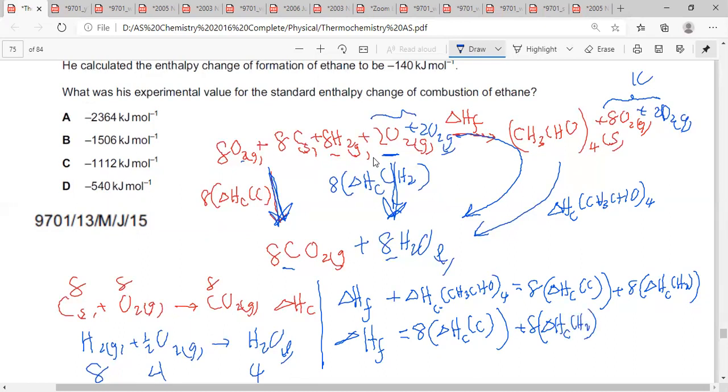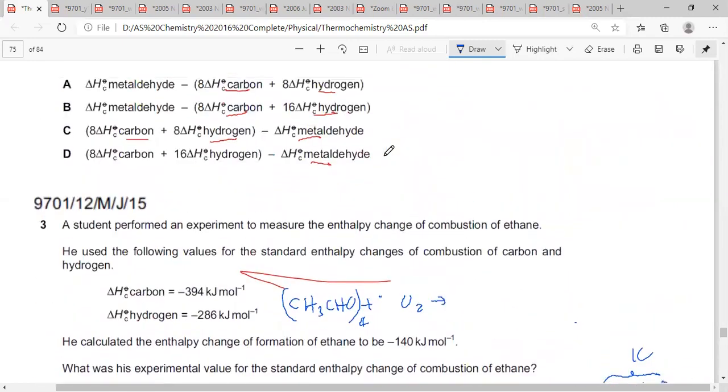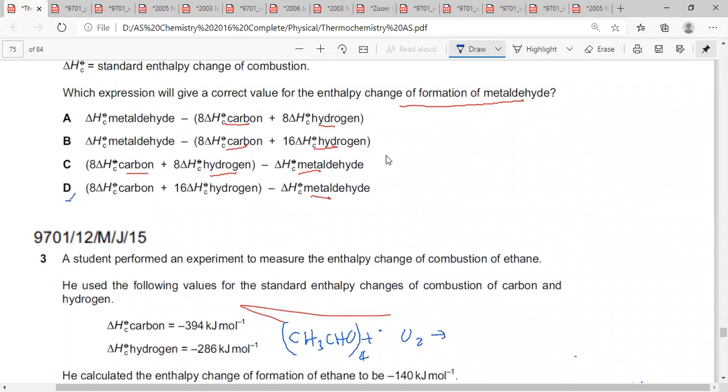So heat of formation of the methaldehyde equals 8 times delta H of combustion of carbon plus 8 times delta H of combustion of hydrogen, minus delta H of combustion of CH3CHO bracket 4. See now? So what's the answer? Obviously, D.